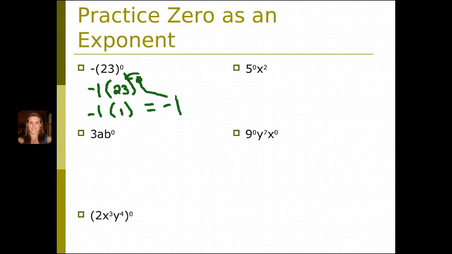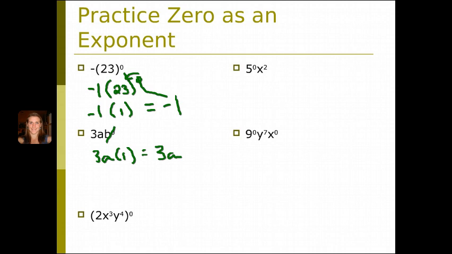In the second example, you have 3ab to the 0 power. The only base raised to the 0 power is your b. That cancels out to a 1, leaving you with 3a times 1, which is simply 3a.